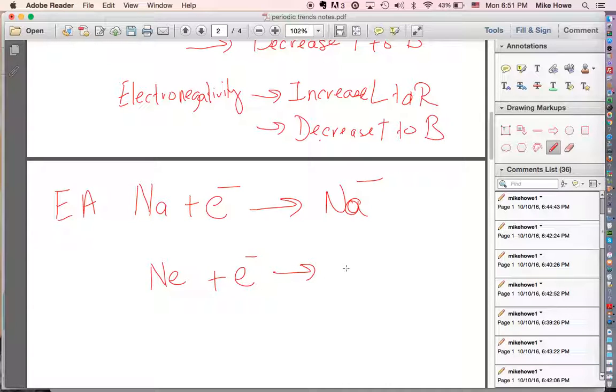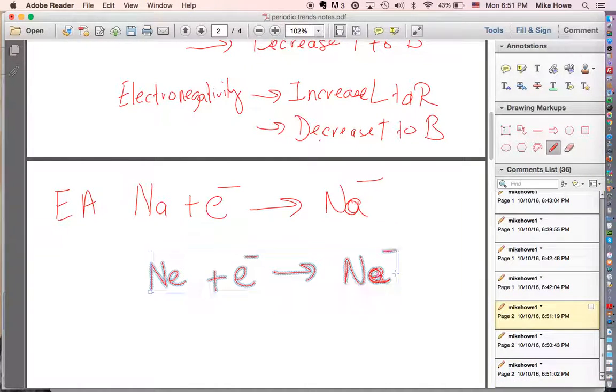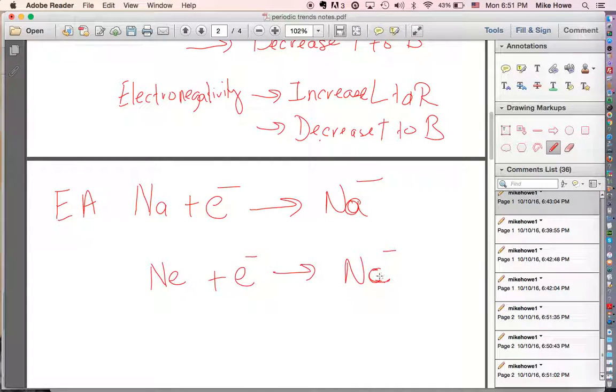Does this equation deal with electron affinity or ionization energy? There you go. So that one also deals with electron affinity because we're dealing with adding an electron.